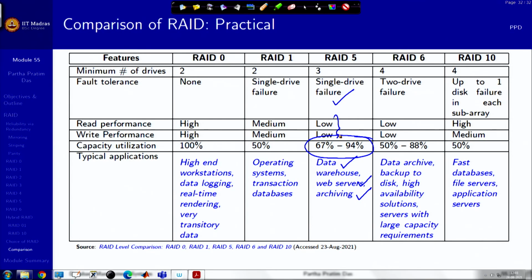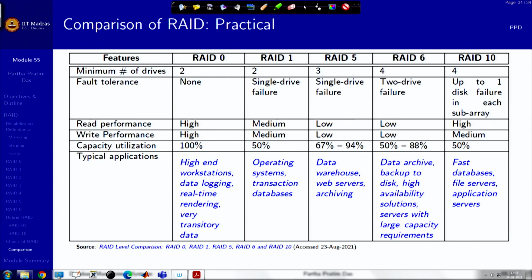Low performance you can live with, because warehousing is mostly an offline or semi offline application. When it comes to data archives, backup to disk, high availability solutions, and large capacity requirements, you will probably go for RAID 6. It gives you the big advantage of having 2 drive failure protection.